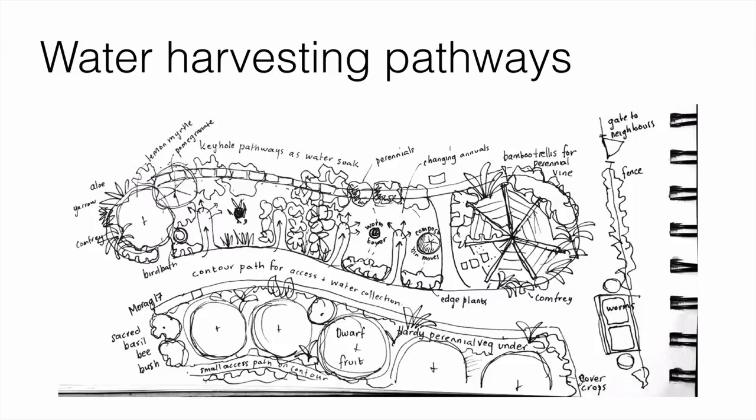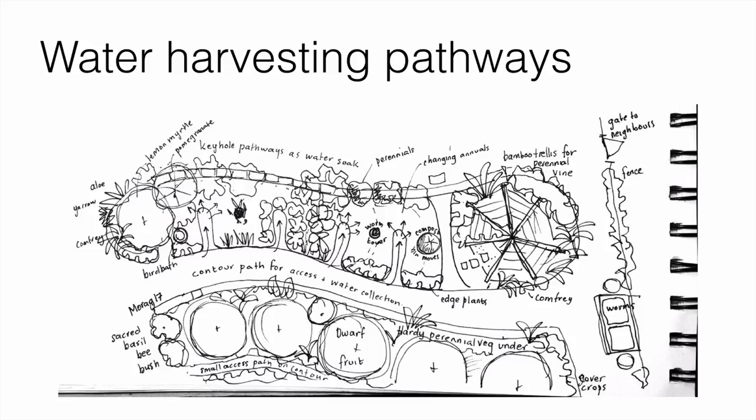So as you can see, there's a main contour path, and that's a really good pathway for wheelbarrows and delivering materials and heading across over to the worms, and then from that are lots of little keyhole pathways that the water flows into and then infiltrates into the garden.